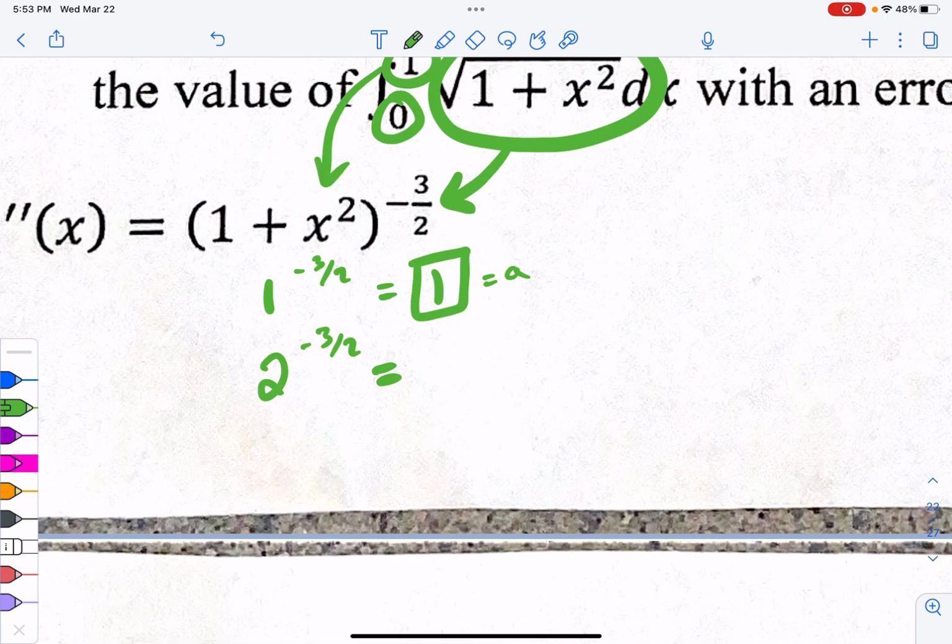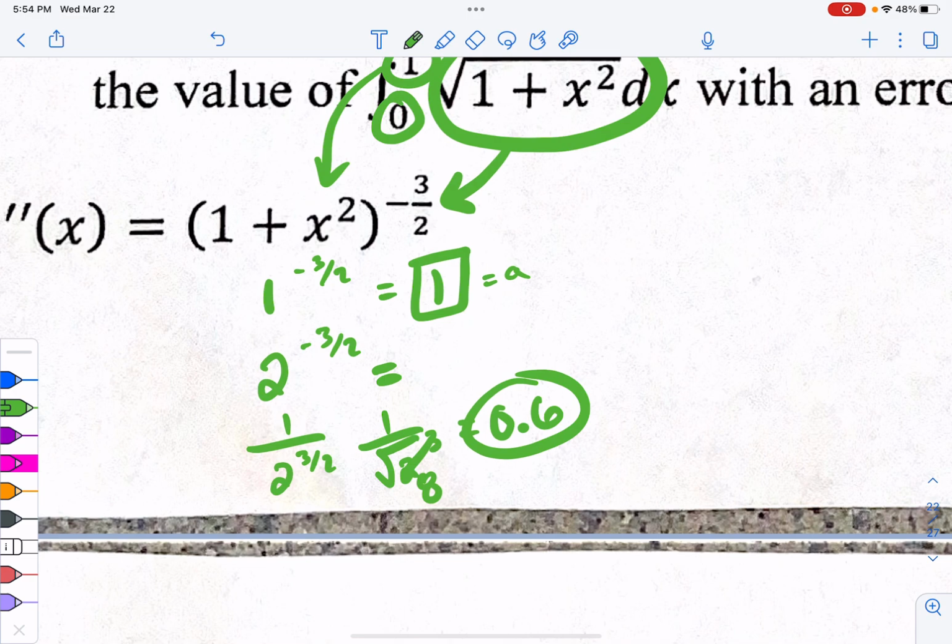This is 1 over 2 to the positive 3 over 2 power, which is the square root of 2 to the third, which is really the square root of 8, I guess I should say. 1 over the square root of 8. Well, 1 divided by the square root of 8 is going to be, I don't even know. It's going to be like 0.6 something, I don't remember. So let's just say that that's what it is. I know it's something close to that.